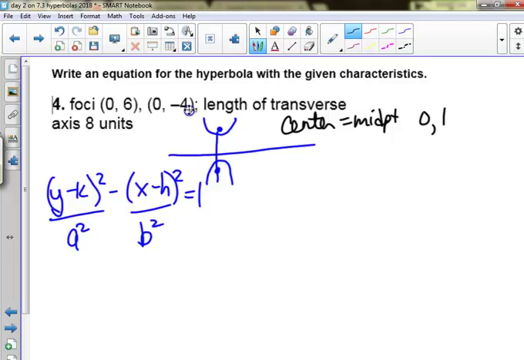Got to add 6 and -4 is 2. Divided by 2 is 1. Now what? I can put in 0 and 1 carefully though. Why? This is 0 and this is 1, right?